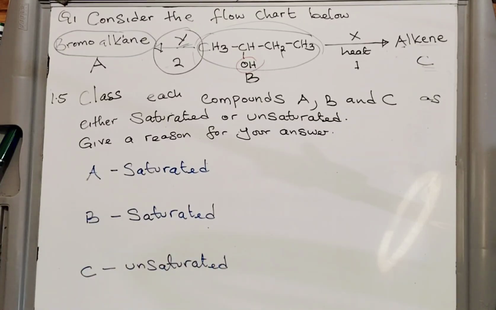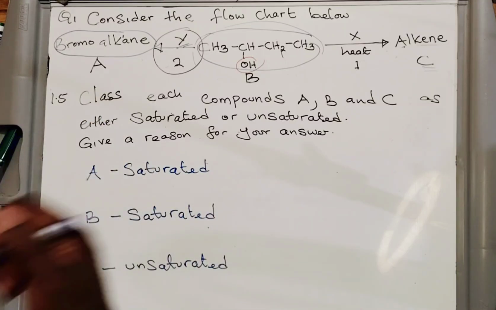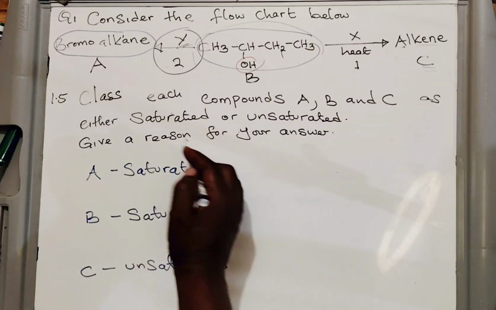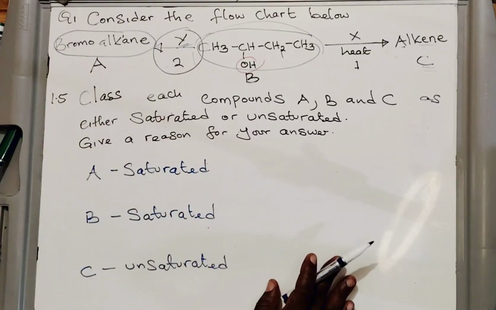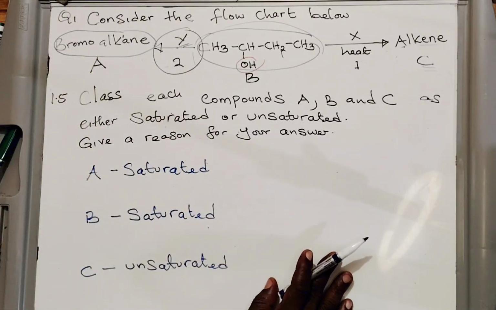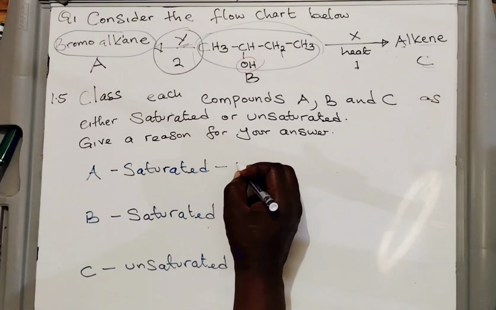Okay. Why do we say A is saturated? It is saturated because it does not have any multiple bond within it, between carbon atoms. So that's the reason.